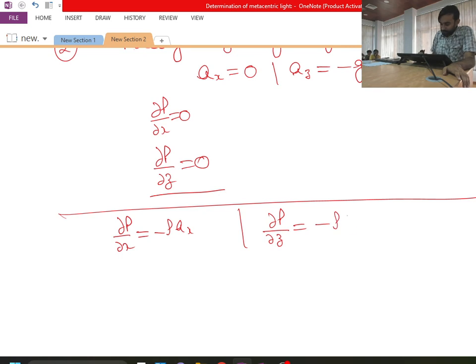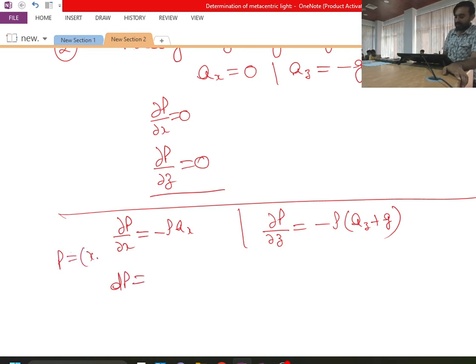Please tell me. Minus rho (AZ plus G). Okay. So if I have to write down the total pressure dP, pressure has now become a function of x comma z because the y derivative is equal to 0.